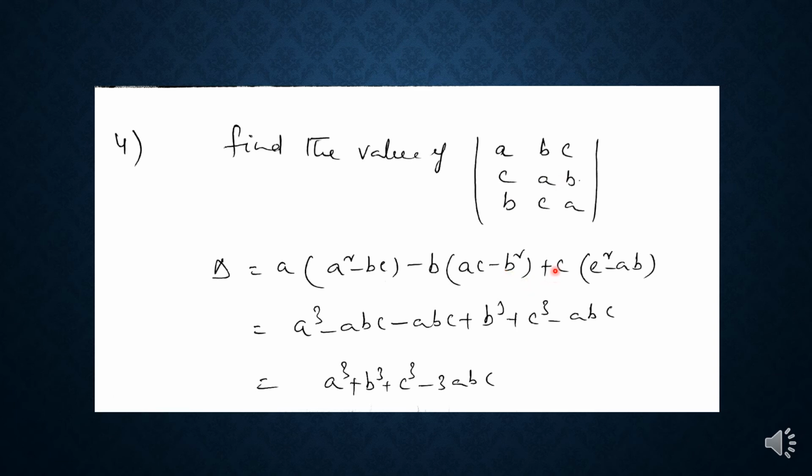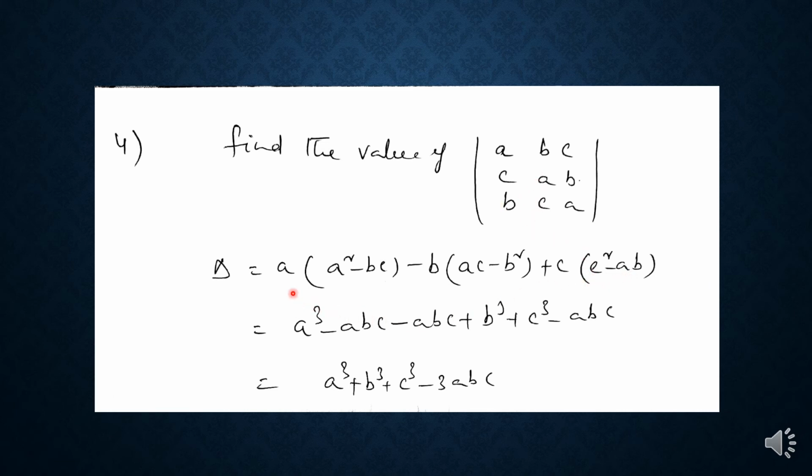Now the third element: C into its cofactor. Plus C into, by deleting this column and this row, we get C, A, B, C. The determinant value of this is C into C, C square, minus A into B, AB.